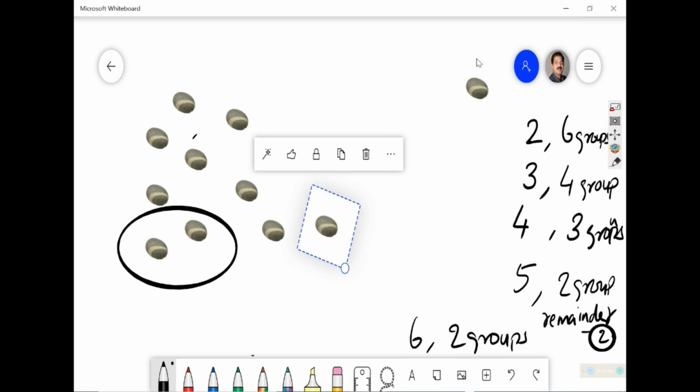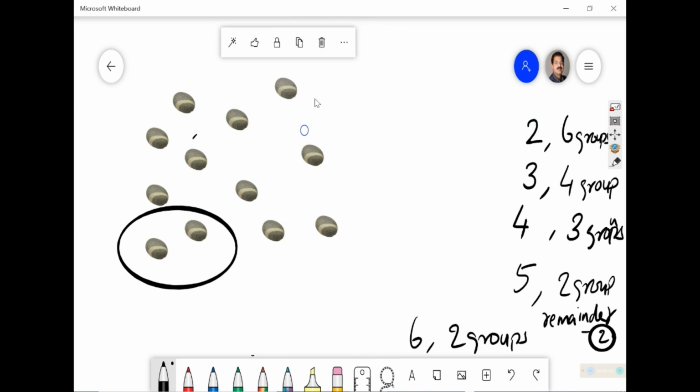Group of 11, but there is a group of 12 in one group.